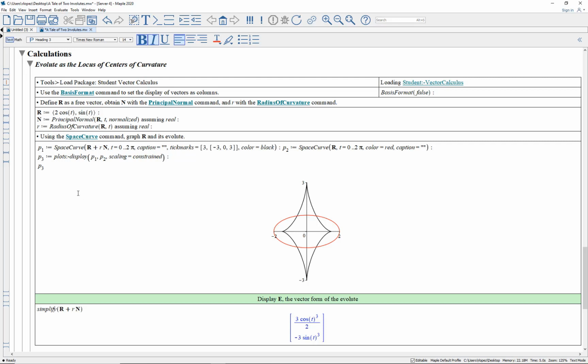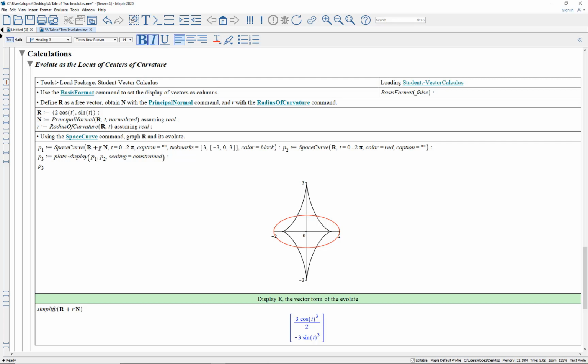If you want to graph a curve defined vectorially in 2 components, you have to use a different approach. This space curve command in the student vector calculus package takes a vector with 2 components or 3 components. It doesn't make any difference. And it draws the curve.